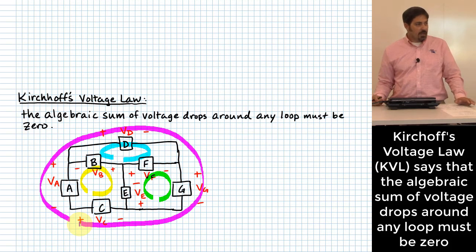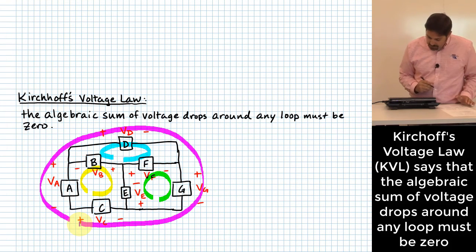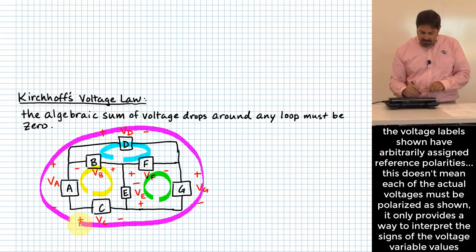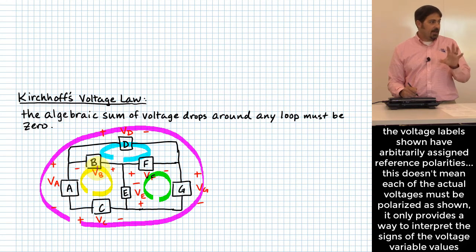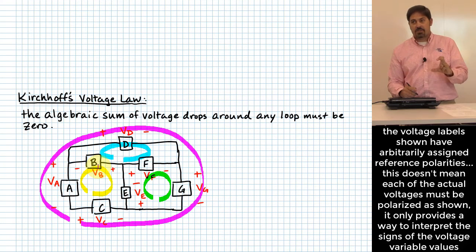I can do sums on all of these as well. You will notice that I've already listed some of these voltage values across each one of the elements. Again, think of these as reference directions, where I've got the plus and minus. It's not saying that it has to be that direction in actuality. It's just giving you a place where you can interpret what the values are in the voltage variables.